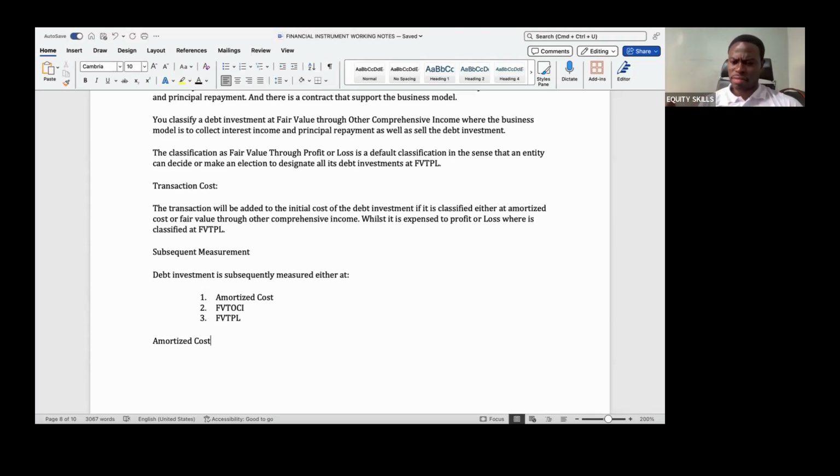And there could be transaction costs and a lot of other costs that might affect it. So by the time you make those adjustments, then you have your amortized costs.